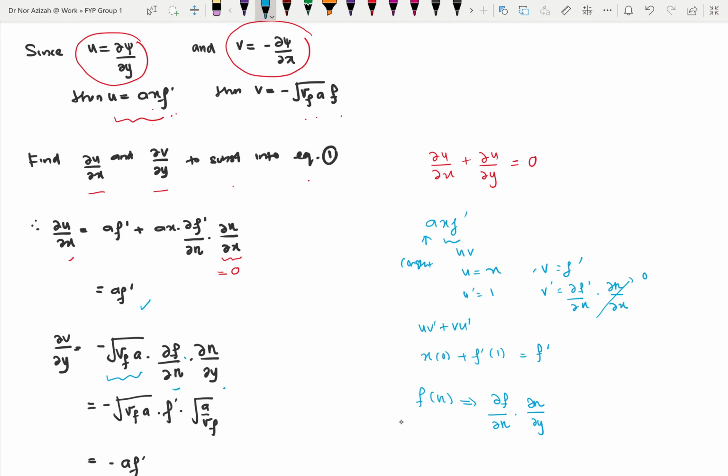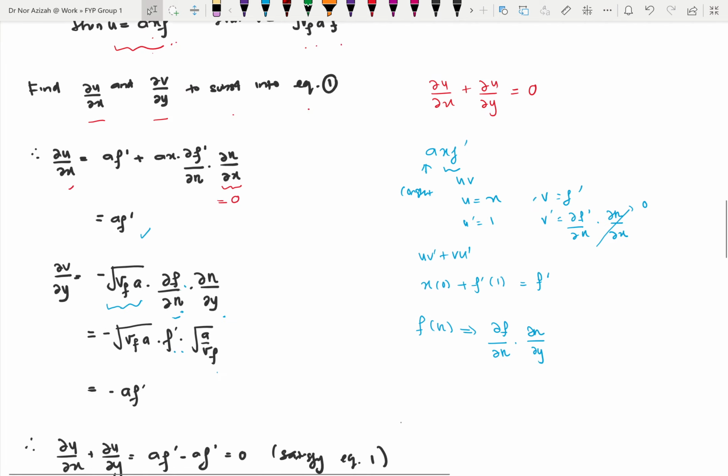Del f del eta, when you differentiate with respect to eta, you will get f prime. Multiply by del eta del y, which is sec a over nu f. Simplify this one, and you will get del v del y equals negative a f prime.